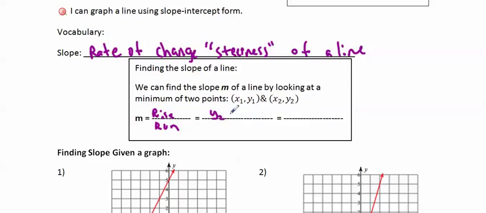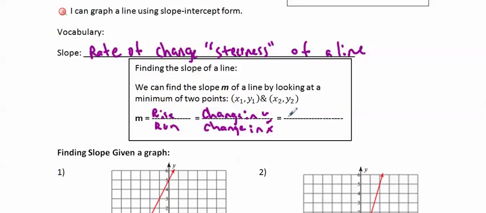So change in y over a change in x, the run. So how much is the x changing versus how much is the y changing?